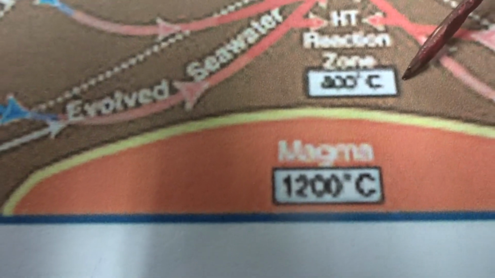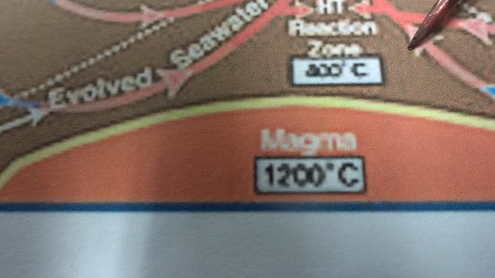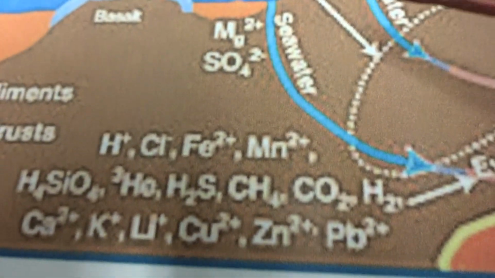Under here, we have HT flocculation zone. Can't read that. Should be 800°C. Seawater comes down. It's evoluted seawater. Repeats the process.